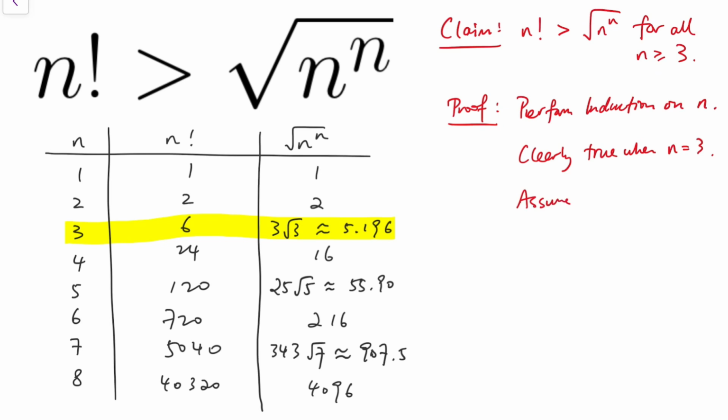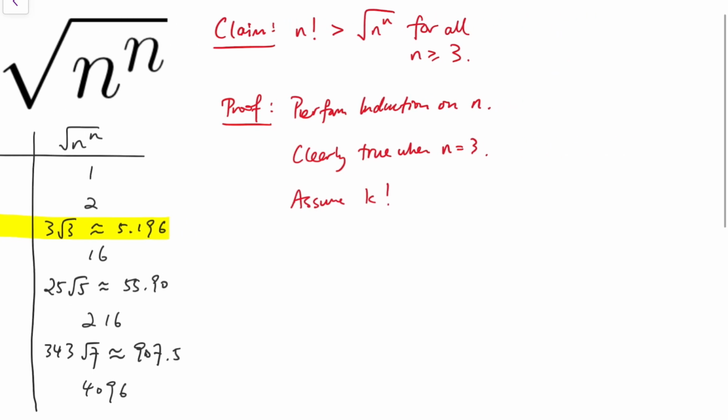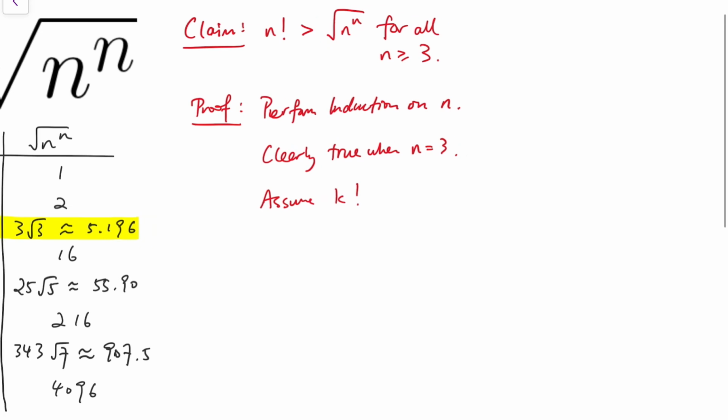Now, assume that for some positive integer k, at least 3, k factorial is larger than the square root of k to the power k. Then let's see what happens for the case k plus 1.